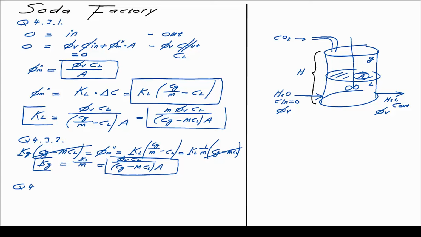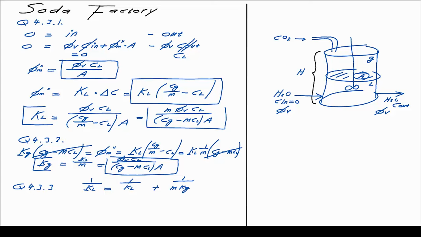Question 433. Derive an expression for the partial mass transfer coefficient small kl. Let's write down the sum of partial resistances. Total resistance 1 over capital KL is equal to 1 over small kl plus 1 over m small kg.